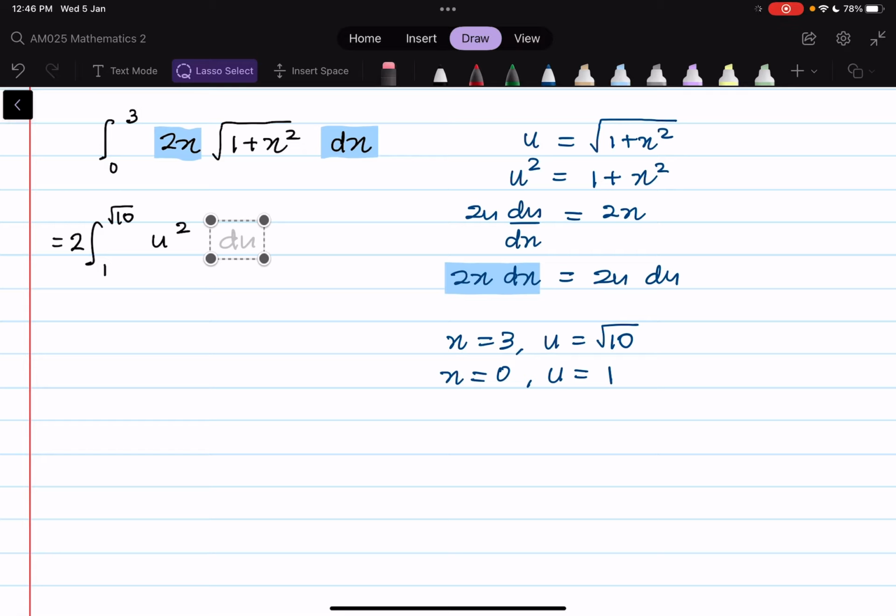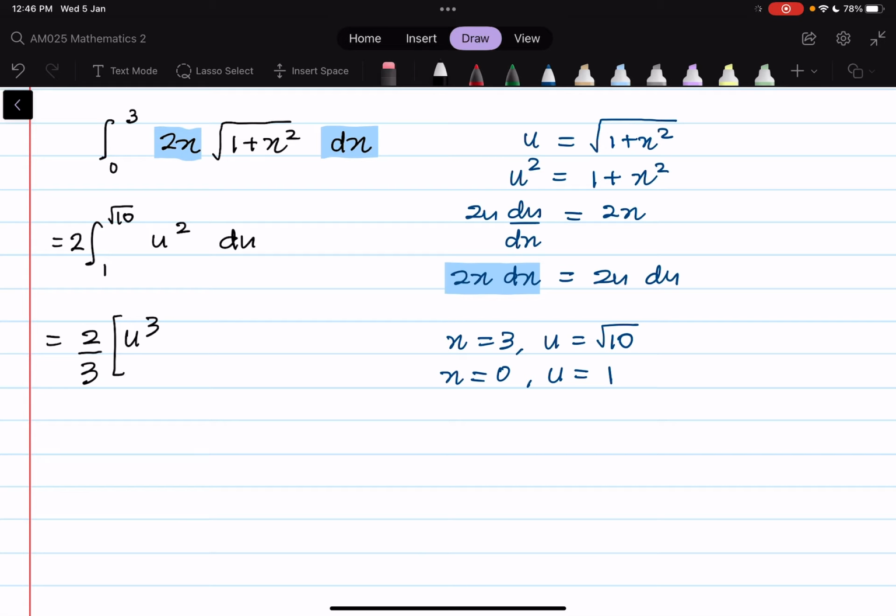Now let us integrate with respect to u. So 2 is a constant, then u to the power of 3 over 3. So I'm going to put my 1 over 3 like this.